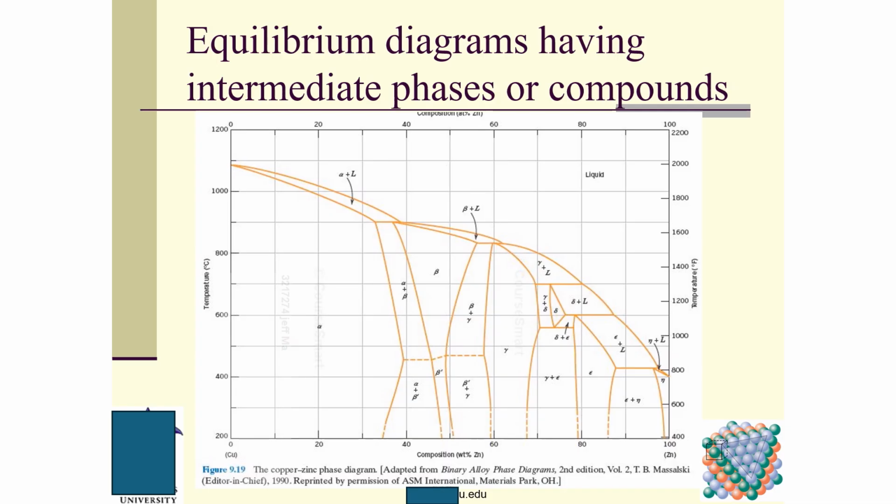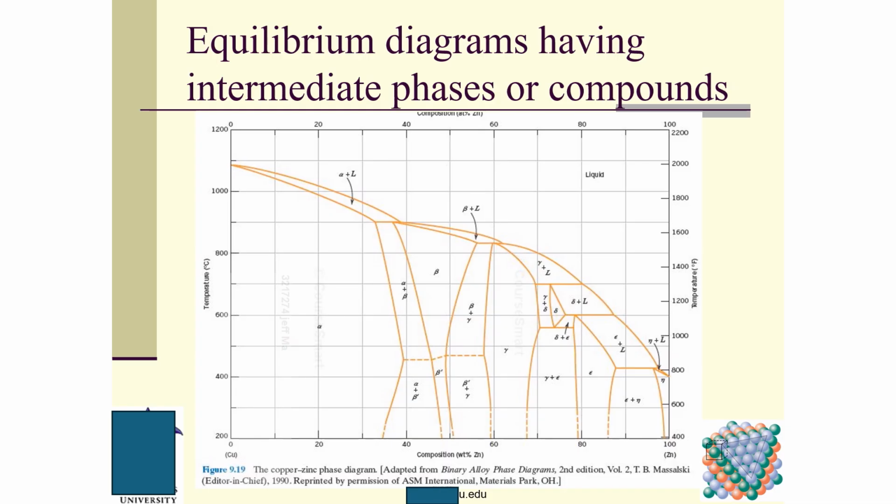It is easy: there is either the first component or the second component. For this lead-tin phase diagram, there is either lead or tin, and there are no intermediate phases or compounds. But for this diagram, things are different.